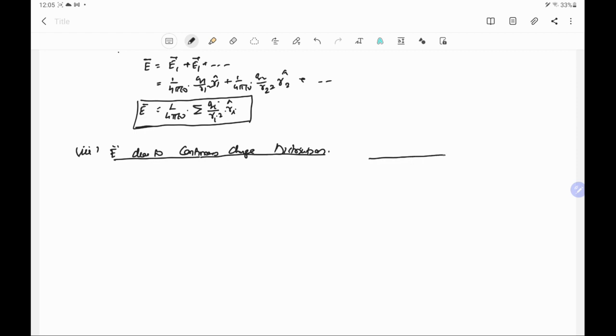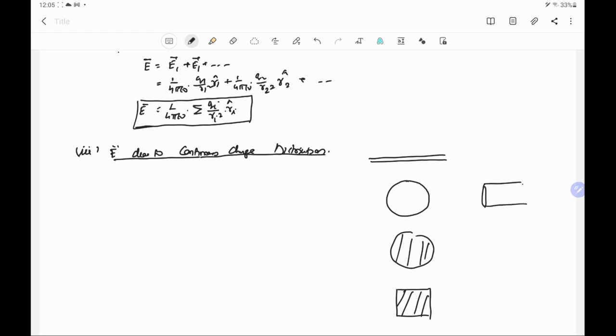For example, suppose there is a rod, or there is a ring, there may be a disc, there may be a sheet on which charge is distributed, or there may be a hollow cylinder, or there may be a solid cylinder on which charge is distributed along the volume.